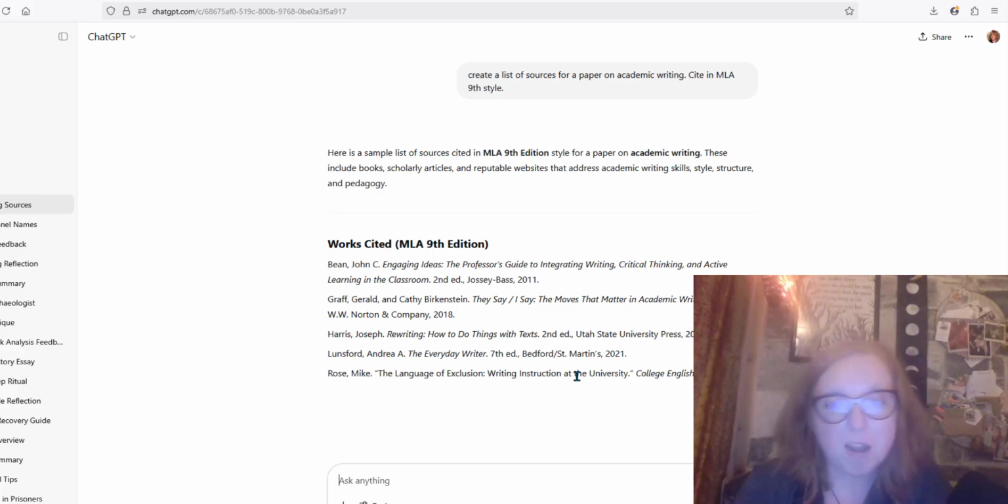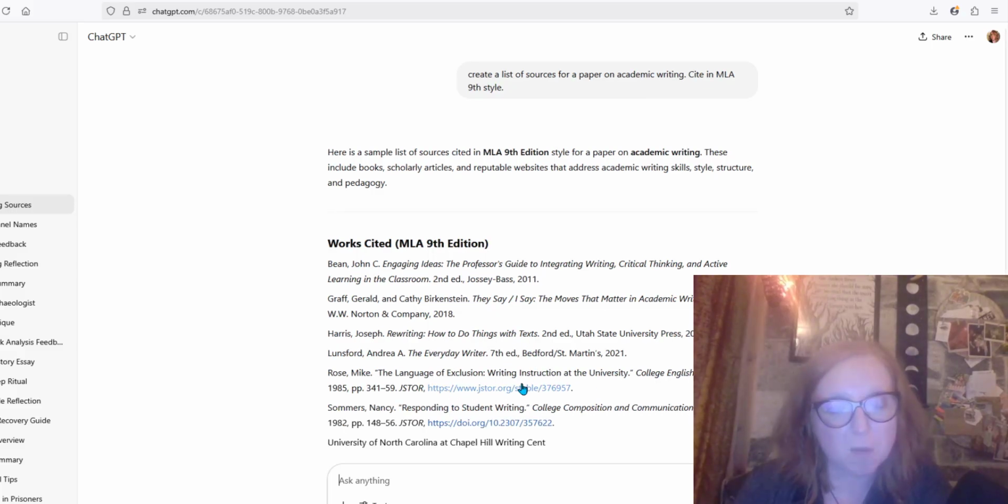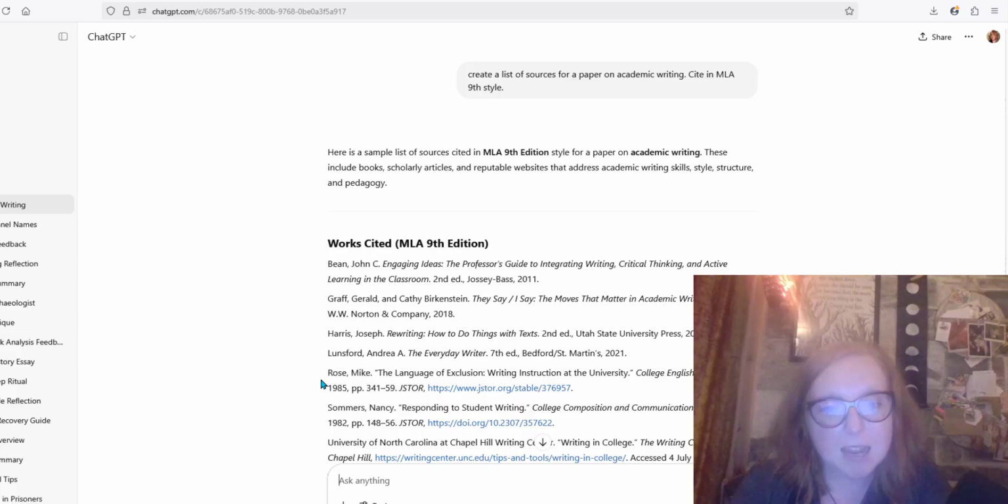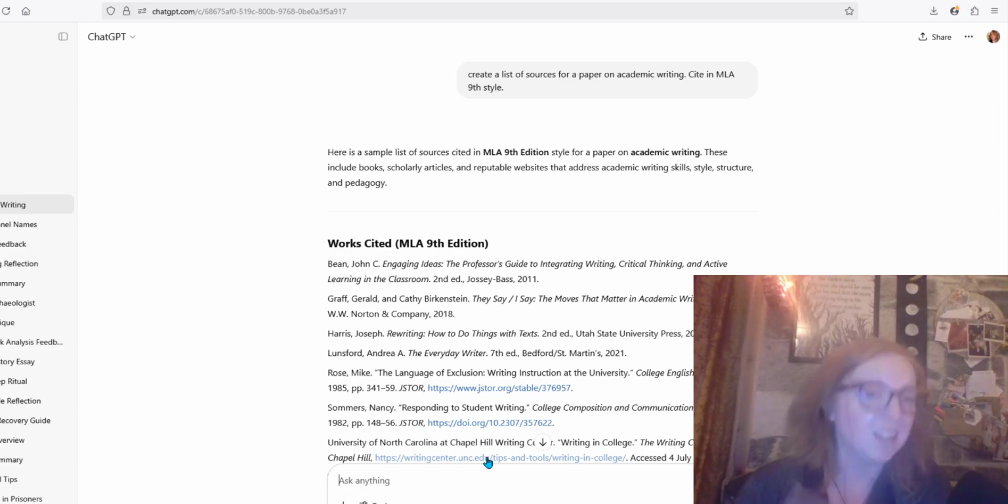But notice how none of these sources except this one is digital. And this is not 100% accurate MLA citation style. In fact, one of the things that it is missing right out of the gate is a hanging indentation. There's actually more that it's missing that concerns me as I look at this list.